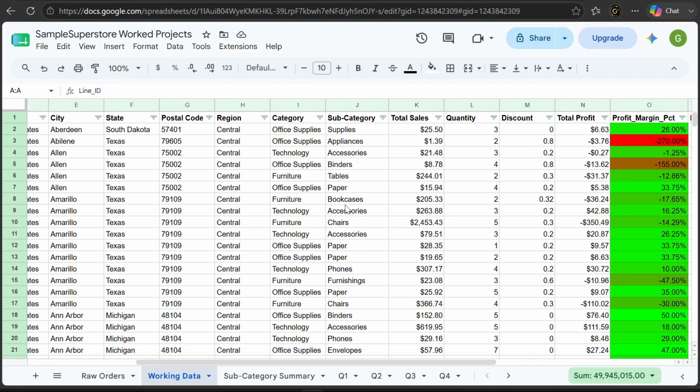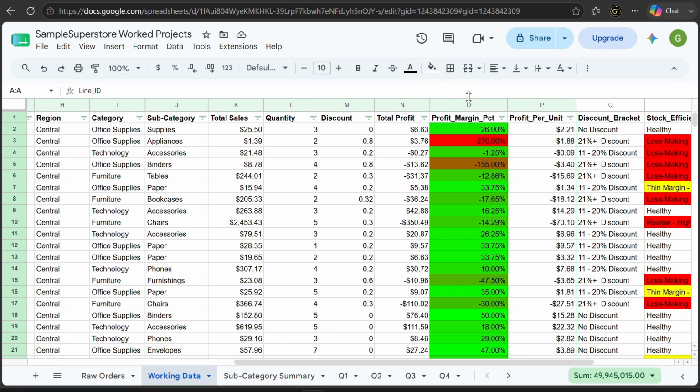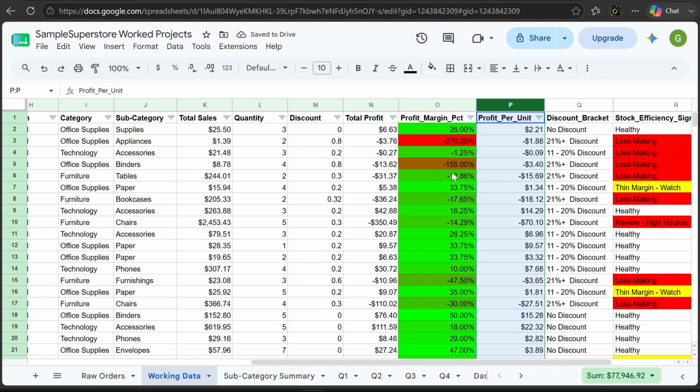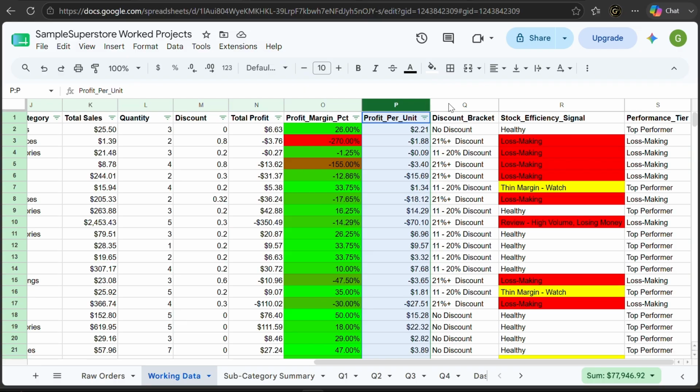Then we are going to build another column, which we'll call the profit margin percentage column, and we use it to calculate the profit margin as a percentage. We'll also build another column which we'll call profit per unit, so it's going to give us an idea. Then we have a discount bracket column, and a stock efficiency signal column.